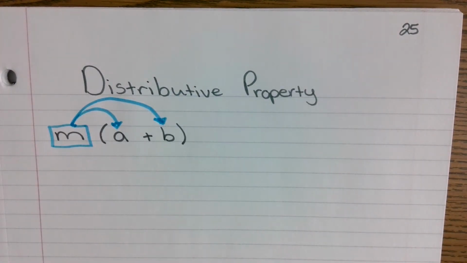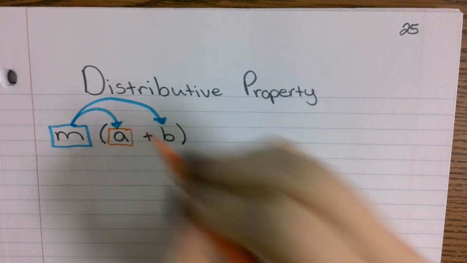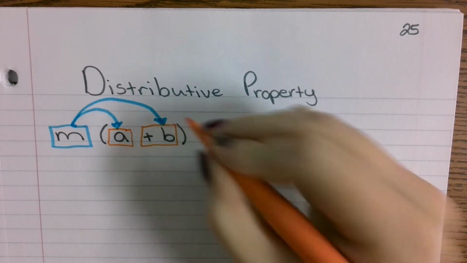So each of these terms is going to be considered a separate term. So we have the term A, and in this case we have the term a positive B.